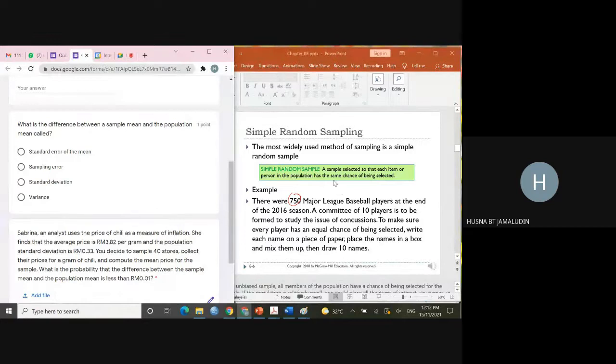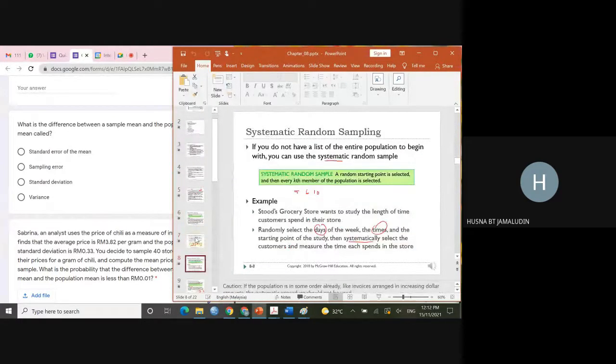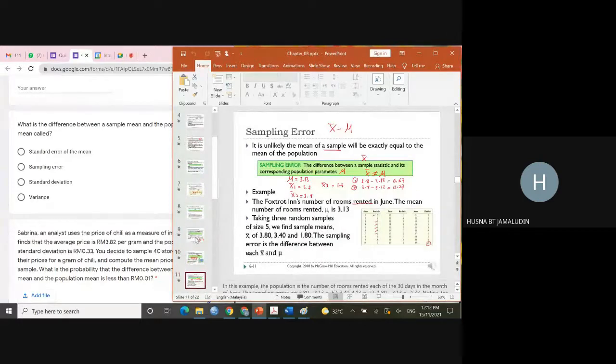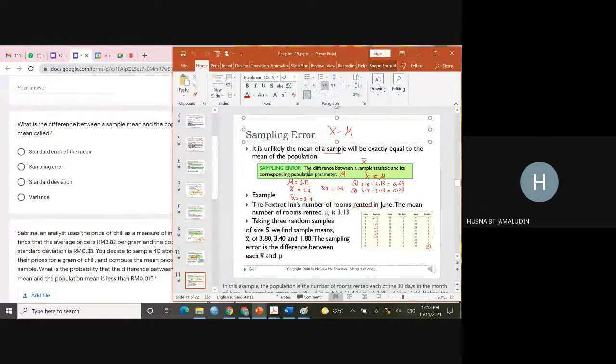If you look at the definition in the green box, well, normally the green box will tell everything: the difference between the sample statistic and the population parameter. They may say that this is saying sample statistic, not sample mean, and population parameter, not population mean.